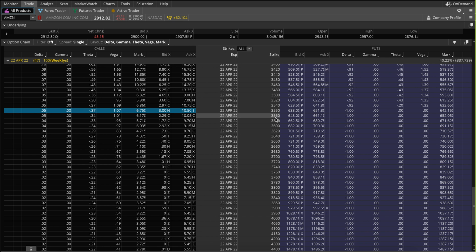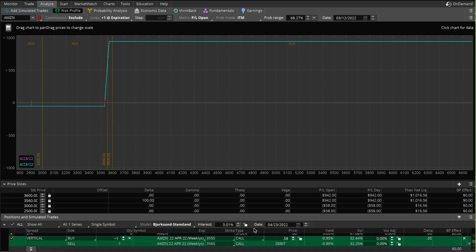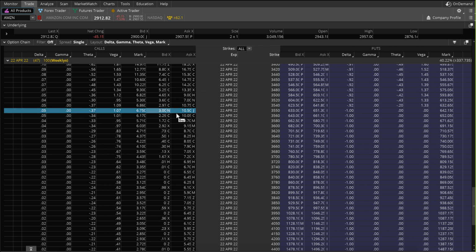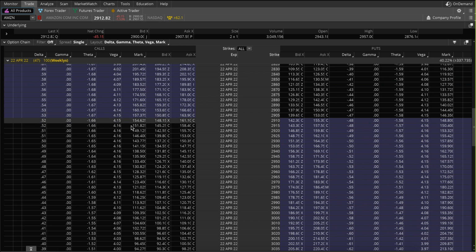Slightly more out of the money, it would be worth $617. If you bought this one and sold this one at the exact same time, it wouldn't cost you $700 or so. It would only cost you the difference, which we put into our risk profile that shows us scenarios, and would only be $58. So it'd be $58 to get a seat at the table, versus almost $700, or even more depending on if you're buying it close to the money.